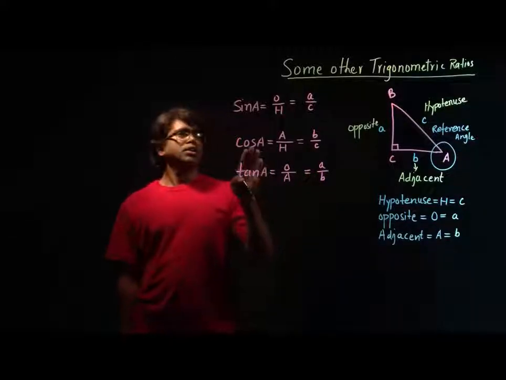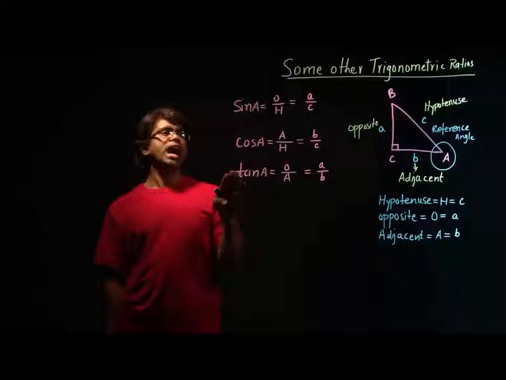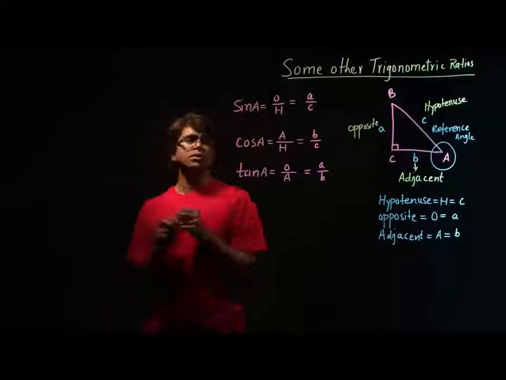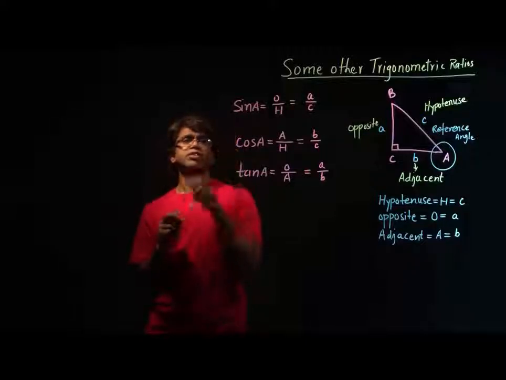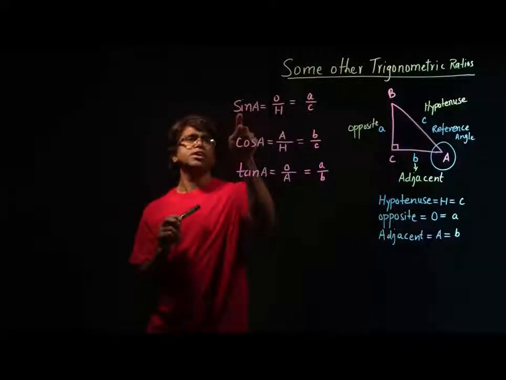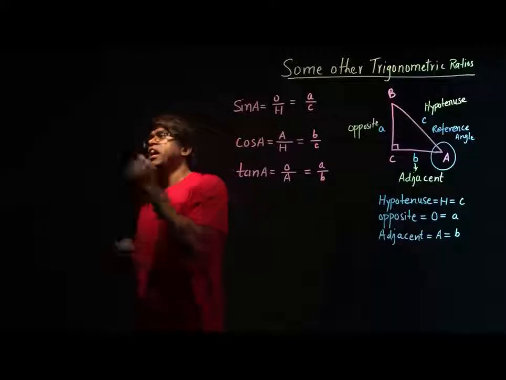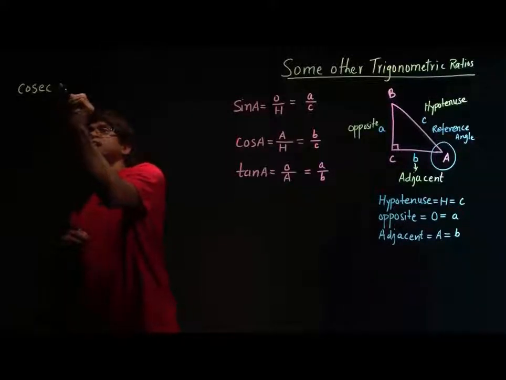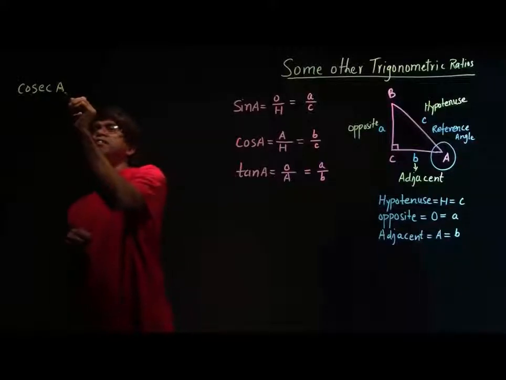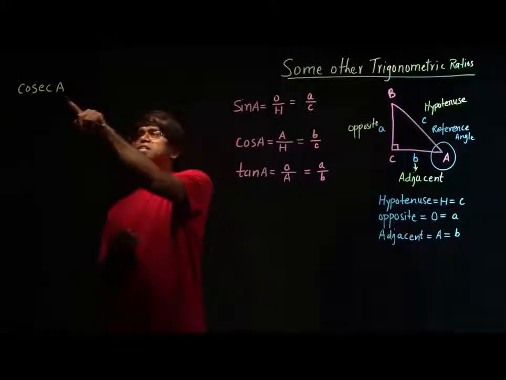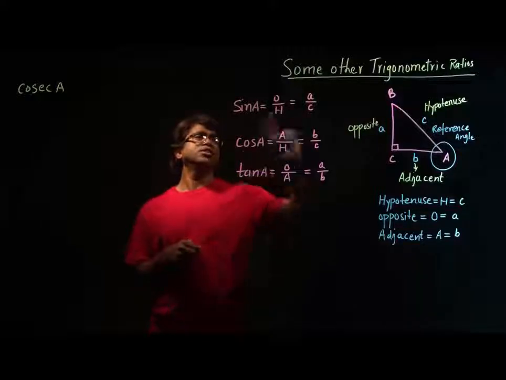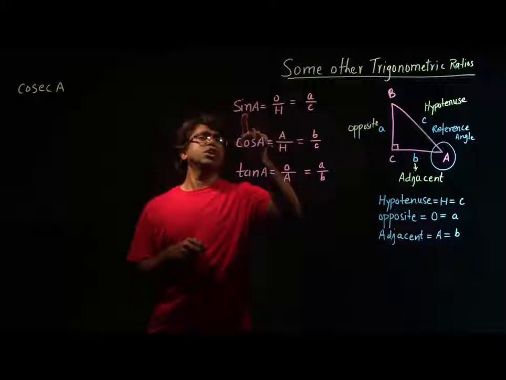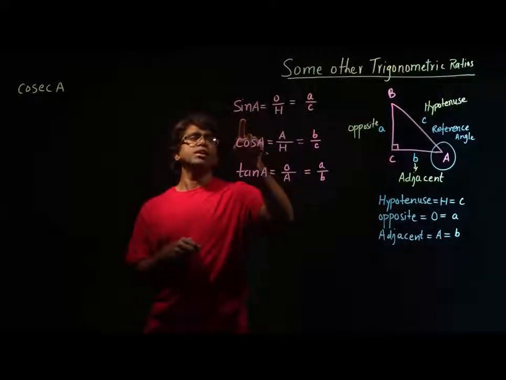Now, the next trigonometric ratios that we have are reciprocals of these trigonometric ratios. The first one is the reciprocal of sine, and we call it cosecant A. Since cosecant is the reciprocal of sine, we need to find the reciprocal of the whole thing.